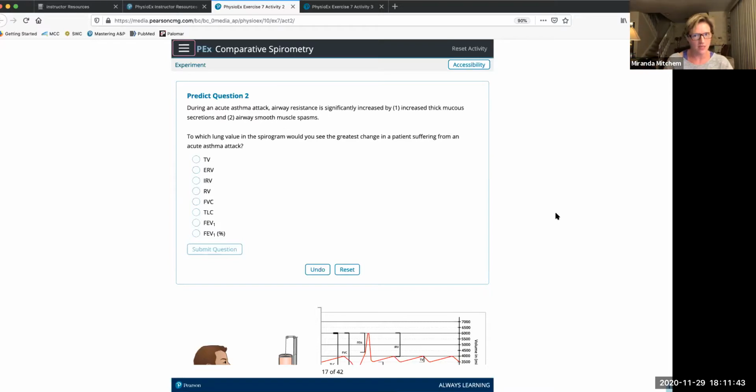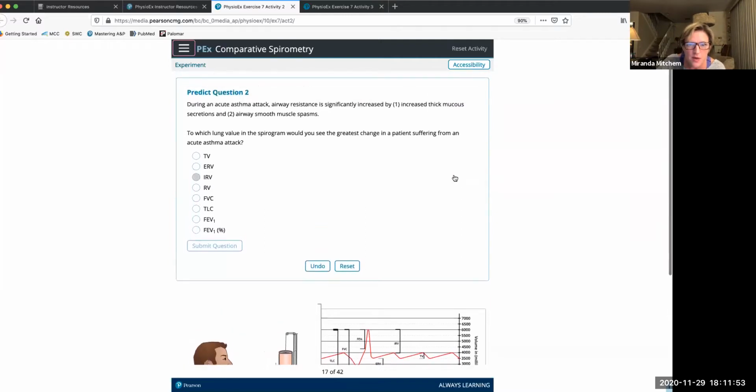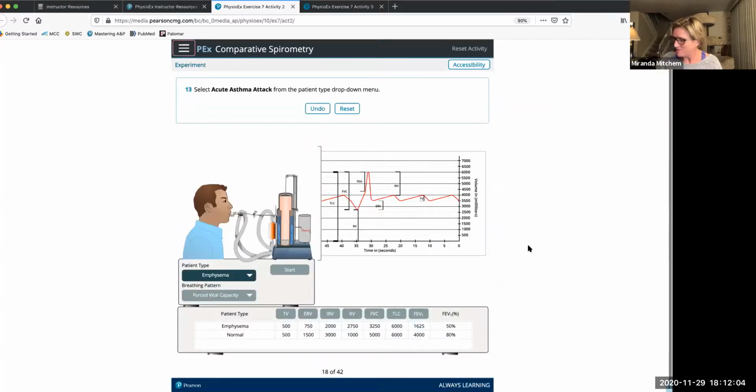But the utility of this experiment through Physio Ex is that we can look at the data and double check our answers after. So let's see. So airway resistance has significantly increased. I'm going to go ahead and say inspiratory reserve volume here. Okay, let's move forward.